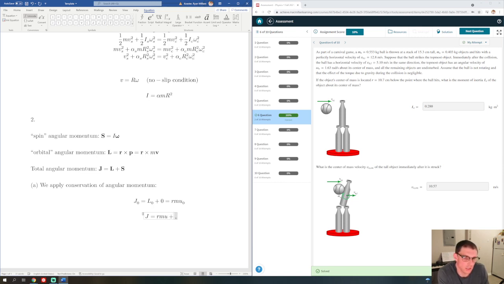And then this now will have, because the topmost object, they keep calling it an object, but I think it's pretty clearly a bottle, so I'm just going to say it's a bottle, has an angular velocity of some number of radians per second about its center of mass. The bottle has spin angular momentum now, and so we just write I, and then omega.